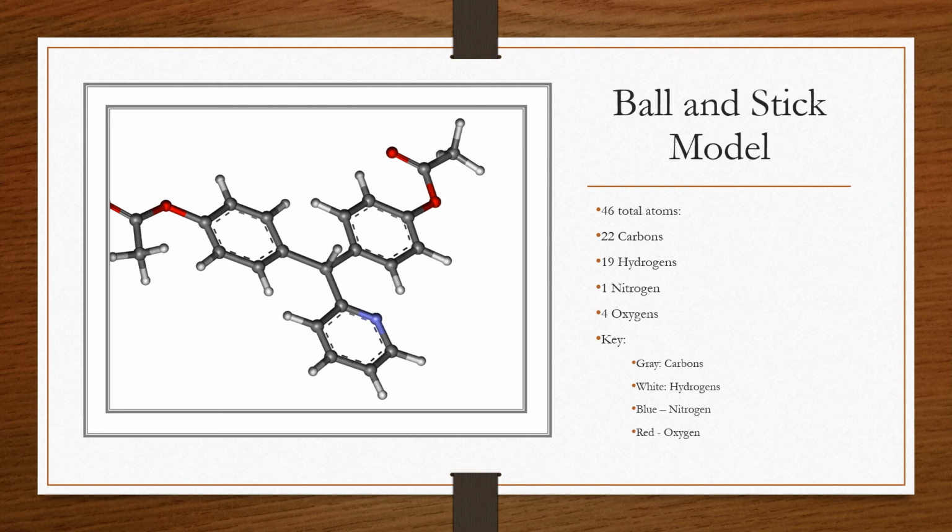In the bottom of the text box, I have a little key so you can take a look at what all the different atoms are. In gray, you have your carbons. In white, at the ends, you have your hydrogens. And if you look towards the middle bottom of the structure, you will see that there is one blue atom, and that is your nitrogen. The reds are your oxygen.